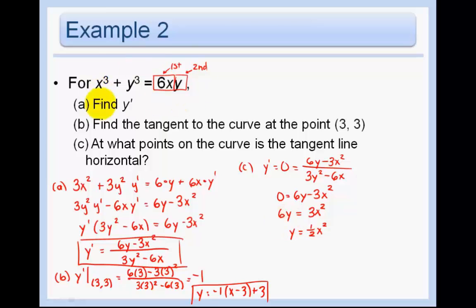So here's our original equation, and let's just substitute this. So we have x cubed plus (1/2 x squared) cubed equals 6x times (1/2 x squared). And so we're going to get x cubed plus 1/8 x to the 6th power equals 6 divided by 2 is 3x cubed.